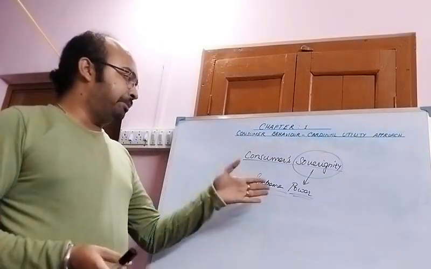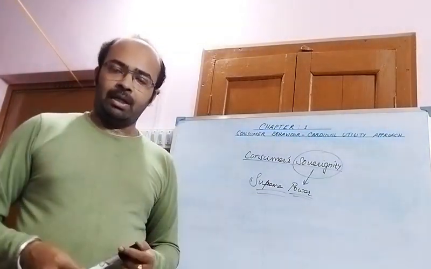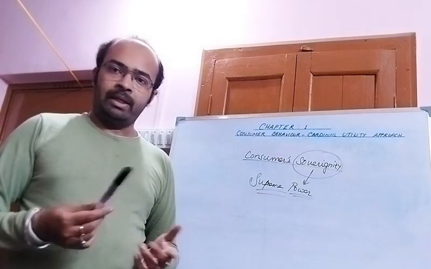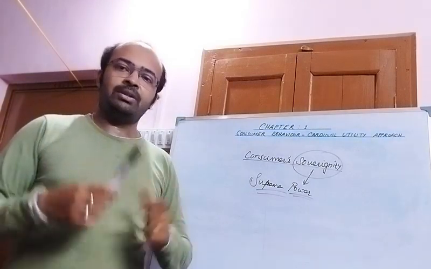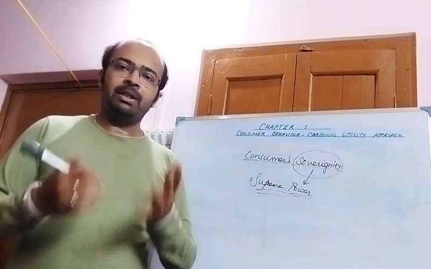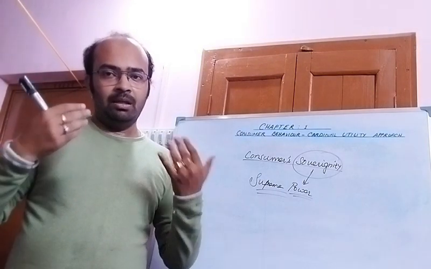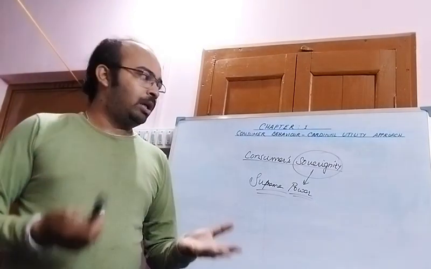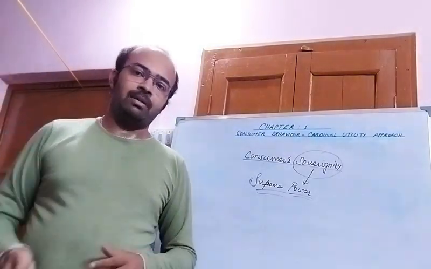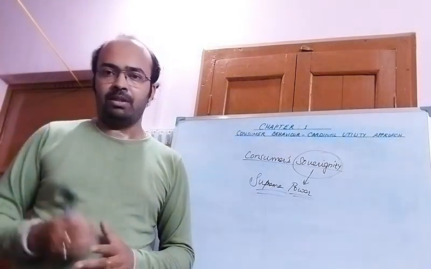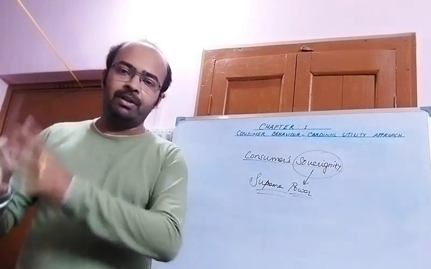But if I have this whiteboard and I don't have the marker, I'll go to the market and purchase it, no matter how much the price is. If it is available at 100 rupees, I still have to purchase it because I need it. So whenever the consumer needs any product urgently, he has to purchase that product at any price, no matter how much the price has been hiked. The thing is that the product should give him benefits.